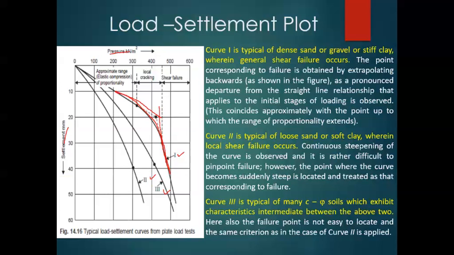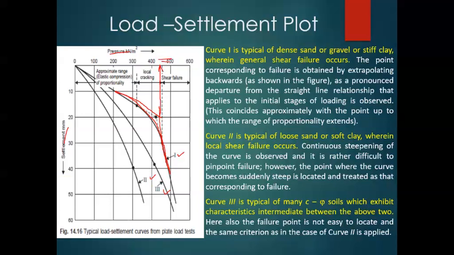The intersection point is located, and the pressure at that point we call the allowable bearing pressure. We are going to solve problems on this plate load test in the next slide.